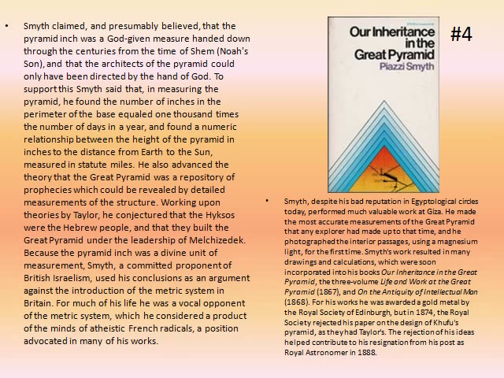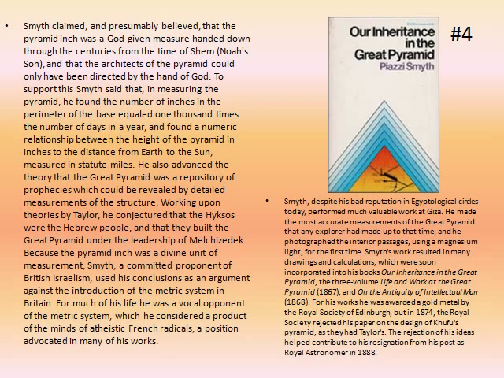He also advanced the theory that the Great Pyramid was a repository of prophecies which could be revealed by detailed measurements of the structure. Working upon theories by Taylor, he conjectured that the Hyksos were the Hebrew people, and that they built the Great Pyramid under the leadership of Melchizedek.